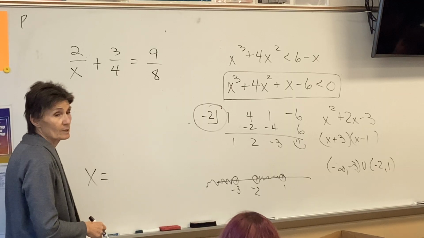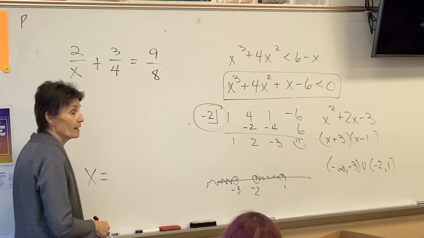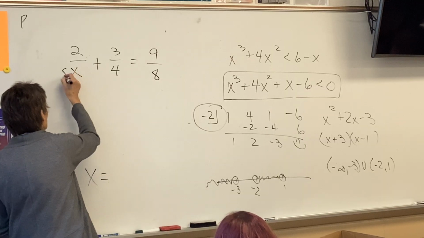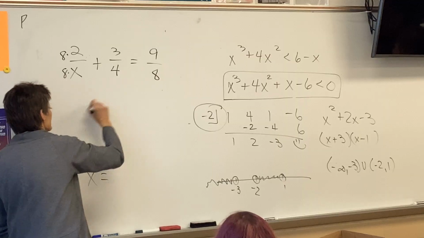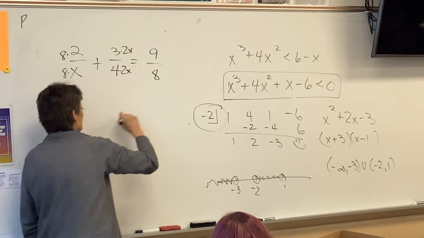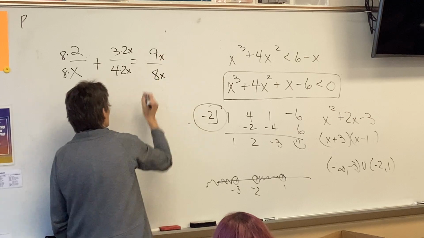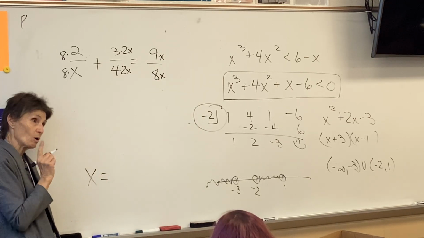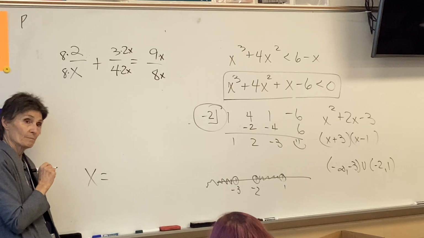What do you want to do as a common denominator? 8x, that'll work. This one needs an 8. This one needs a 2x. And this one needs an x. Now you guys, make sure that whatever you're putting in the bottom, you're also putting in the top.